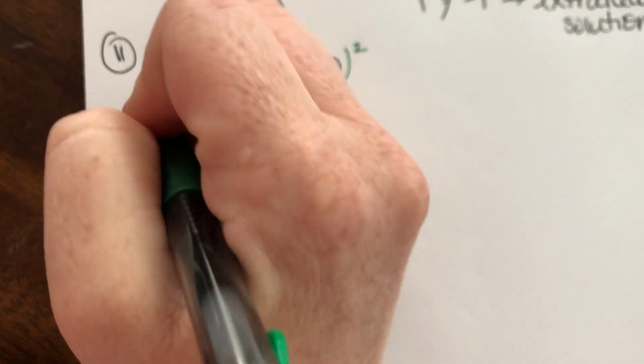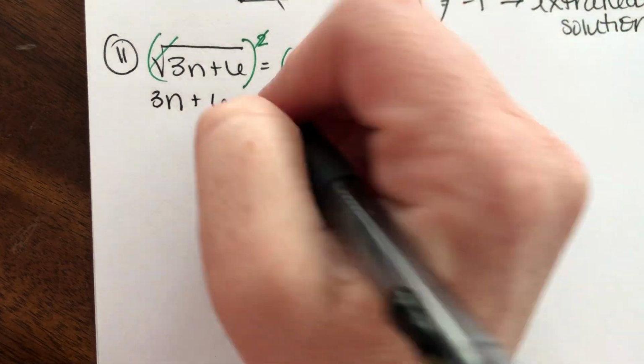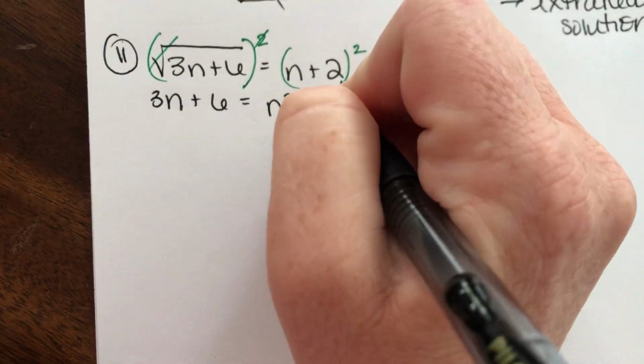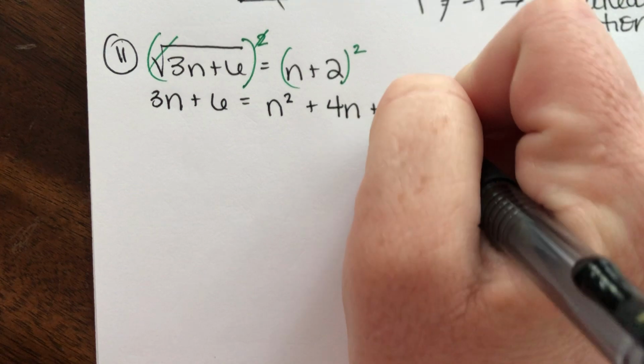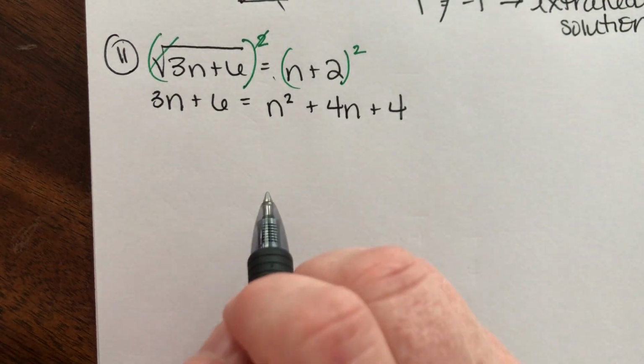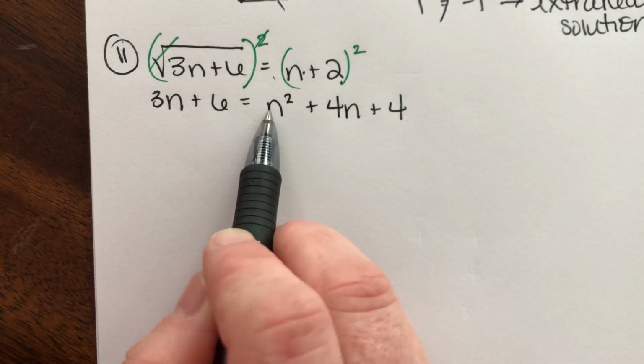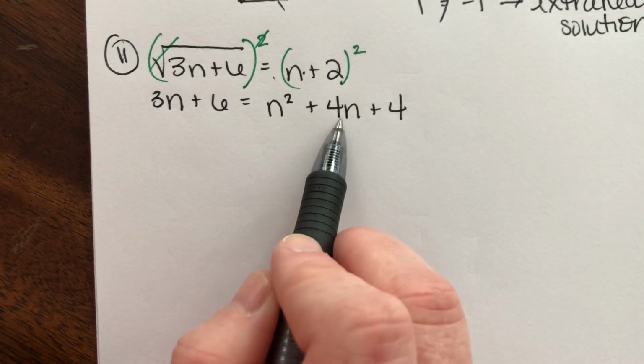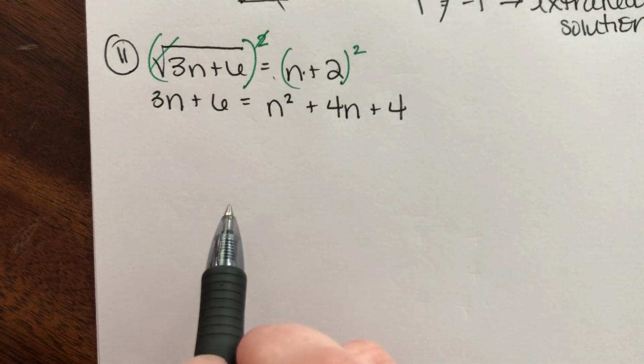This cancels this, and I'm left with 3n plus 6 equals, and now we'll square this guy. So n squared plus 4n plus 4. Remember when you have one binomial that's times itself that's squared, square the first term, square the last term, and the middle is first times last times 2.